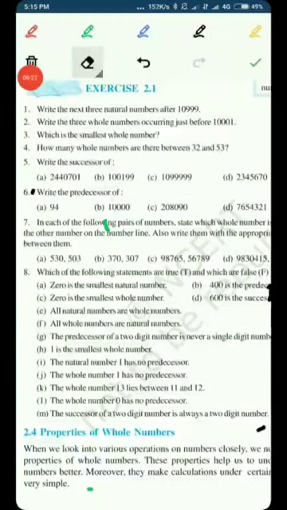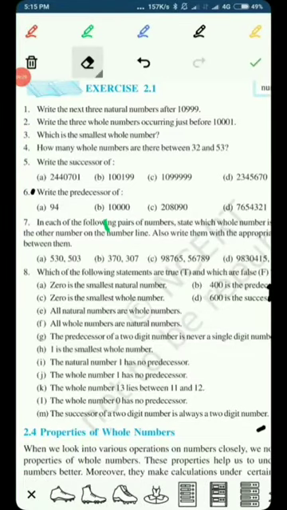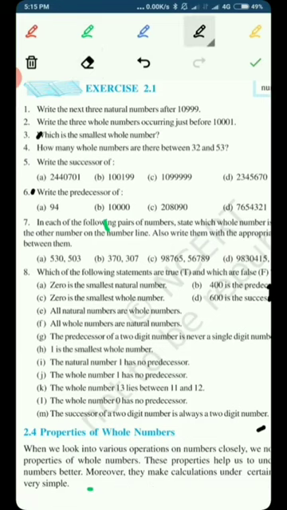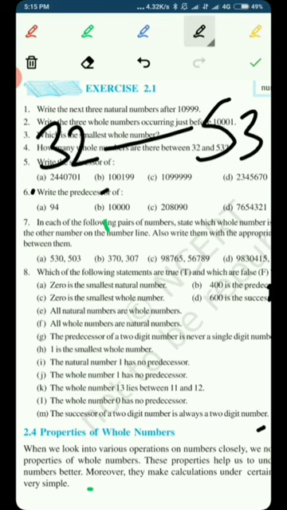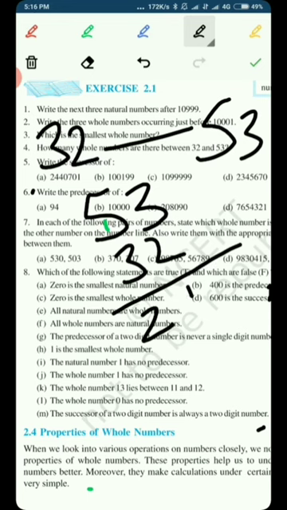Confused? No, you don't need to get confused. I'll explain it once more. Whenever they are asking you to find the number of whole numbers or the number of natural numbers between two given numbers, like here they are asking you to find the number of whole numbers between 32 and 53, what we have to do is subtract 32 from 53 and we will get 21.